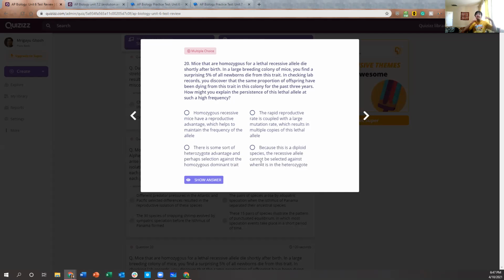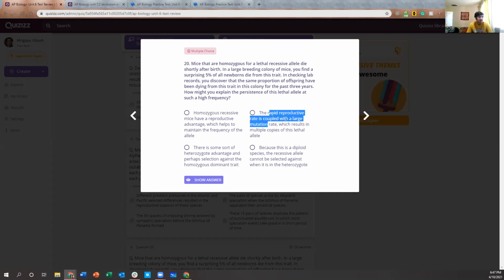Well, if there's heterozygote advantage, that keeps the little r allele, the recessive allele, alive, kind of, so it can continue being passed down. So if there's a heterozygote advantage, then that would support natural selection, and that could account for why that lethal allele is still there. Obviously, homozygous recessive is bad, but heterozygote advantage could make sense.